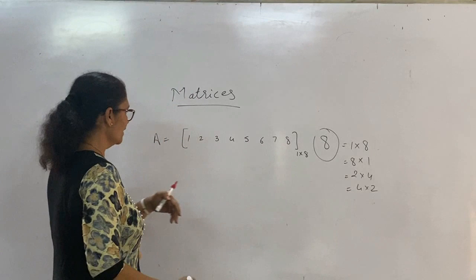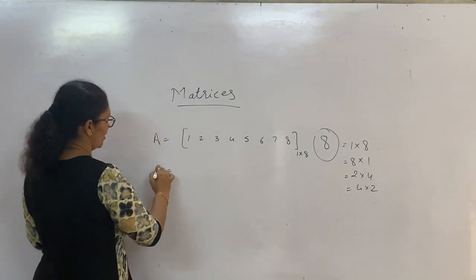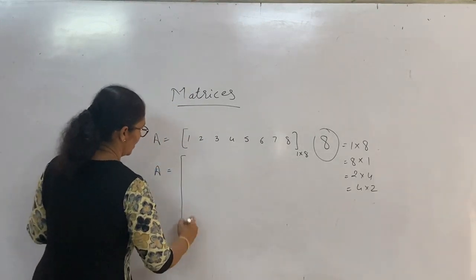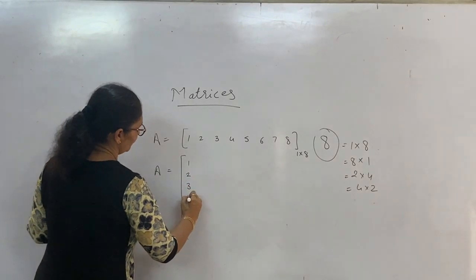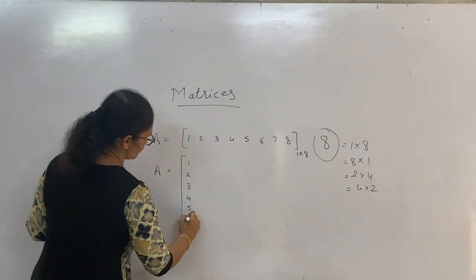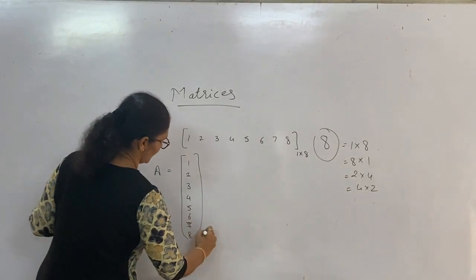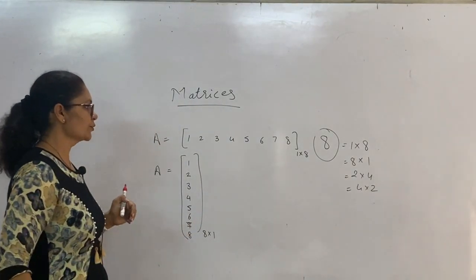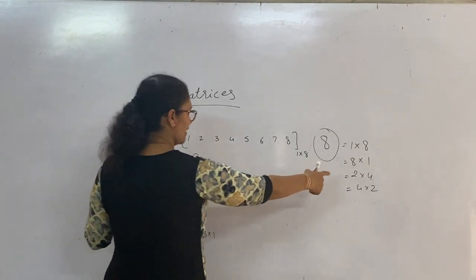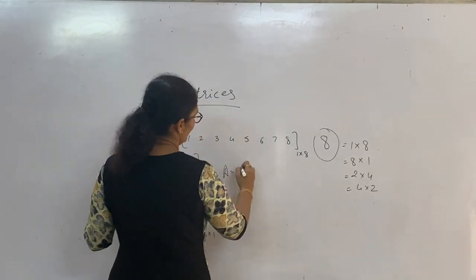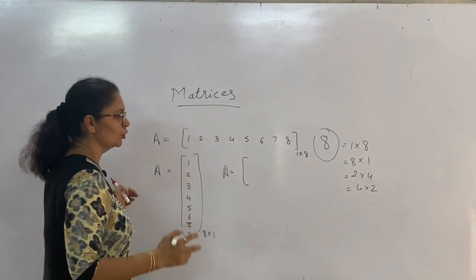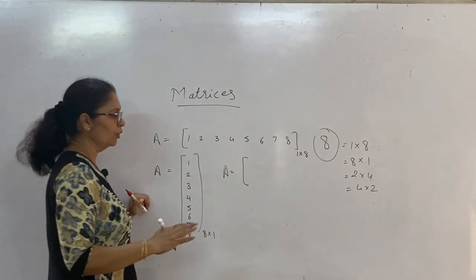Okay, second, we will consider again matrix A but 8 by 1 type. What is the meaning of it? Here 8 rows and 1 column. So we can say this is your 8 by 1 matrix. Okay, same way, third one, A will be 2 by 4. 2 by 4 means what? 2 rows and 4 columns.